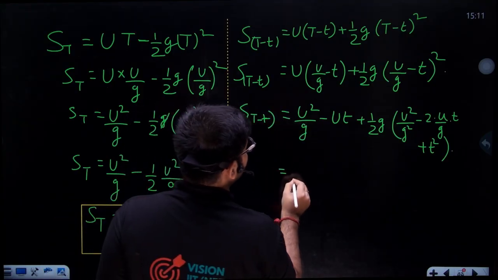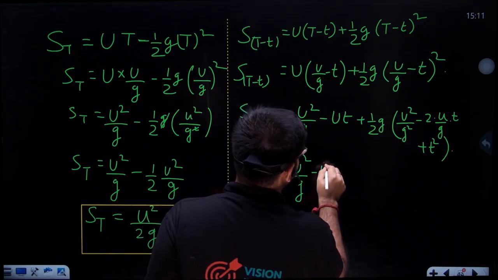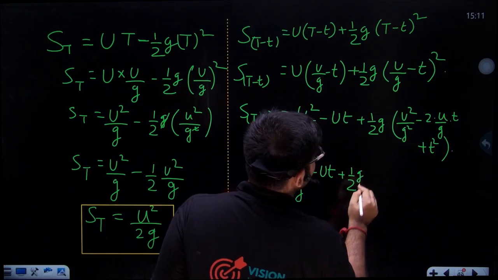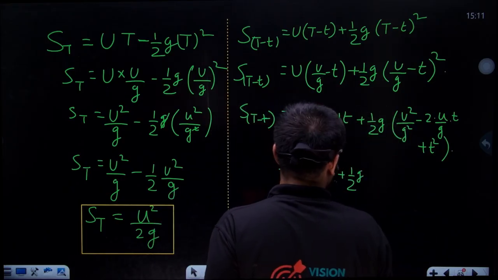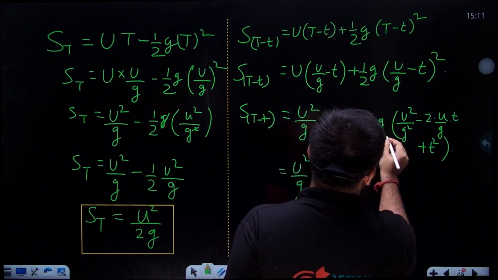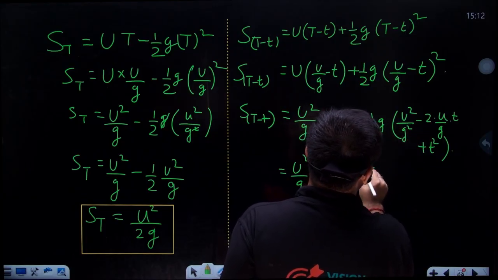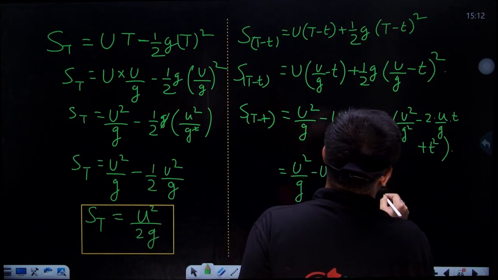So this is a bit lengthy, just the calculation, nothing else. Let us now directly open the bracket. Plus, so g will cancel, you will get u square by 2g if I open the bracket.